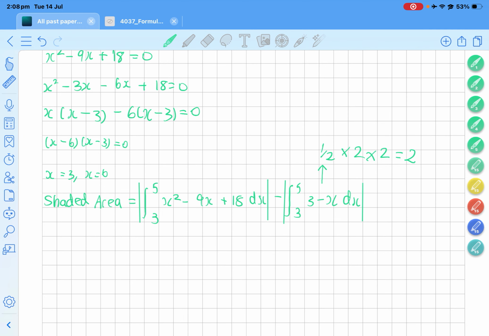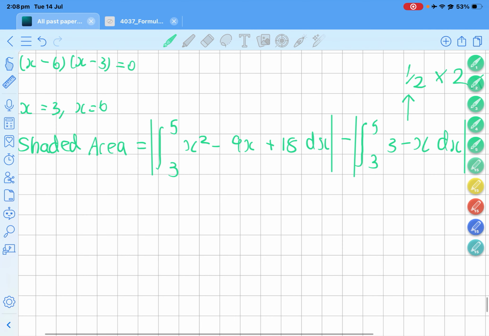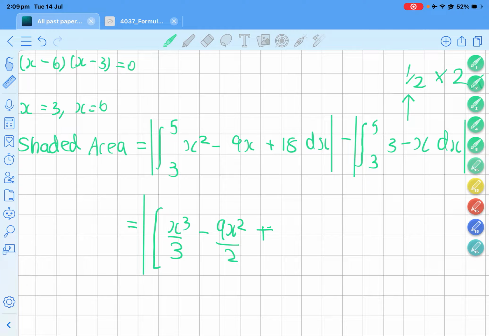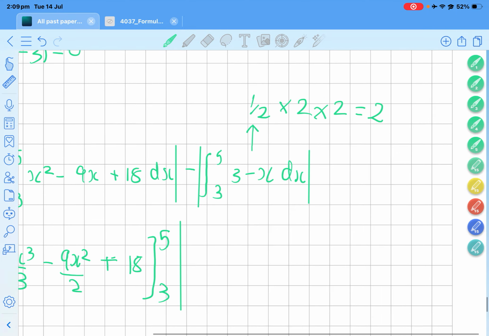In case. So first we can do x cubed over 3 minus 9x squared over 2 plus 18x, limits 5 and 3, after integrating. There is no plus c required in definite integrals, but for indefinite integrals, never forget it.